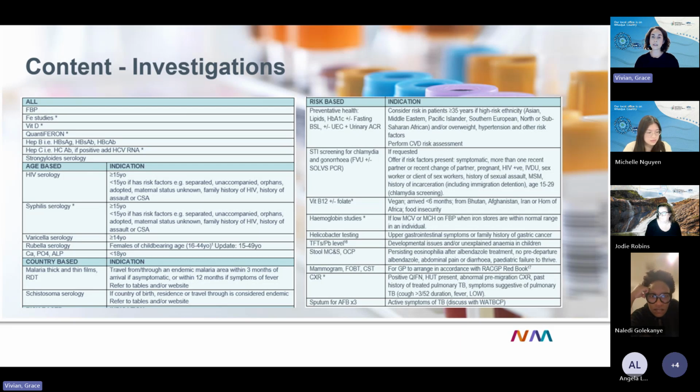We tend to do them from 35 years and above, as per the RACGP Red Book, because a lot of our clients do come from higher risk ethnicities. The next row there, I talked about STI screening before. We only really do that if requested or if symptomatic. B12 and folate, I tend to do this personally for everybody because we see patients who've arrived less than 6 months ago, and vitamin B12 deficiency is one of our top conditions that we see.